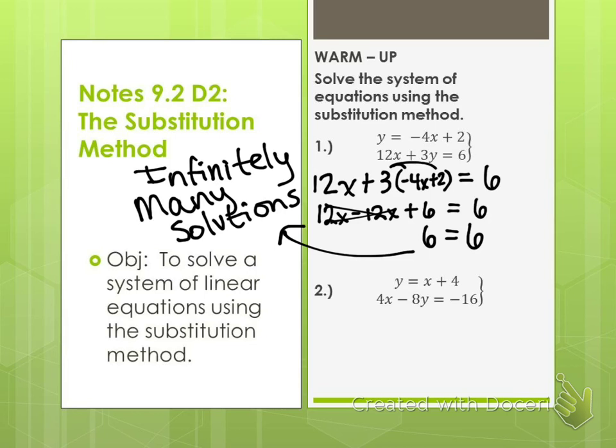Ryan? Just going to look for the 4x minus 8 and then parentheses x plus 4 equals negative 16. Good. So we have to leave the blank for the y, and in that blank we put the x plus 4. That's what Ryan just read off.